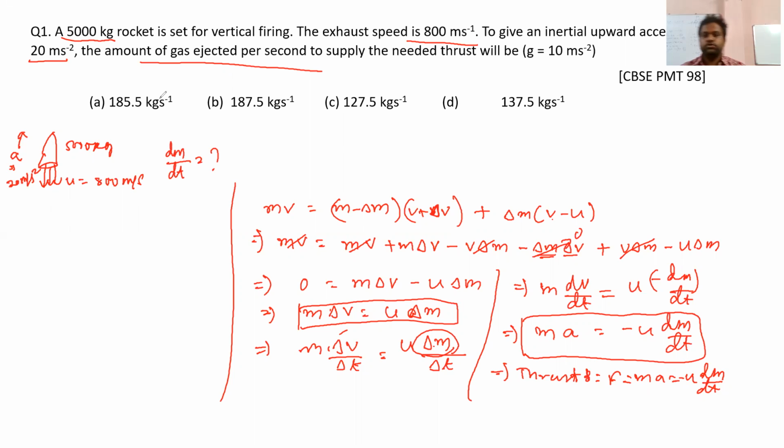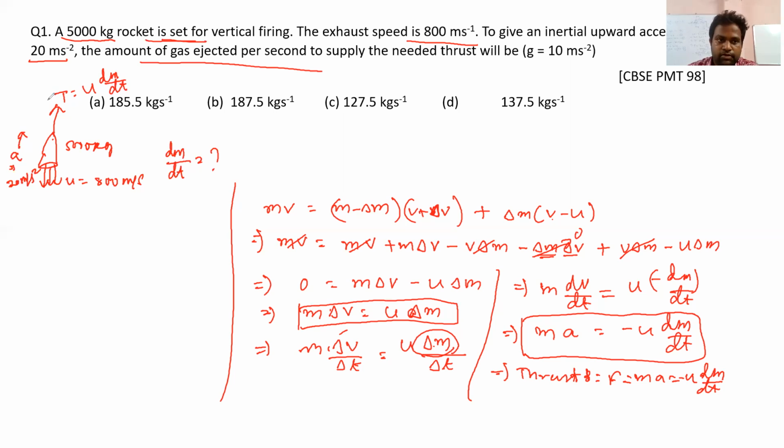Now when it is set for vertical firing, we'll find out the initial case. At the initial case, the rocket will have an upward thrust which is equal to u dm by dt.